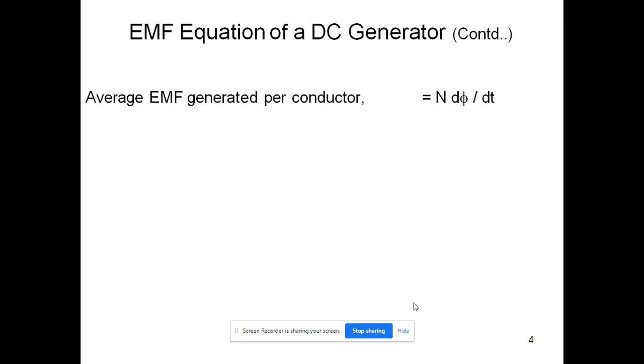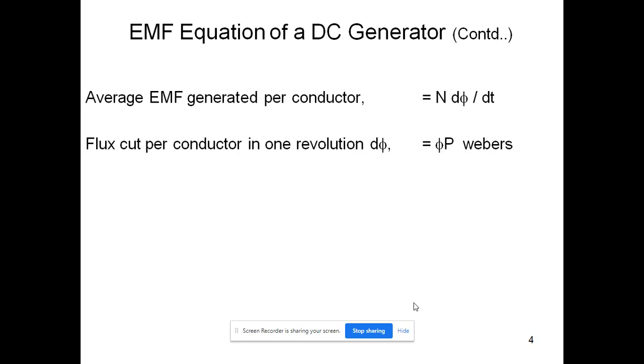Now the average EMF generated per conductor is equal to N into d phi by dt. This is nothing but the Faraday's second law. E is equal to minus N into d phi by dt. Minus represents the direction of the induced EMF.